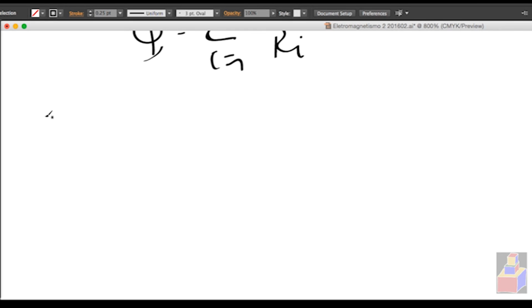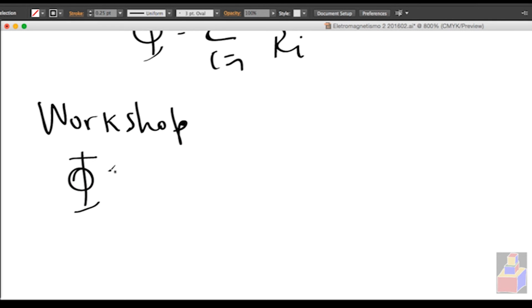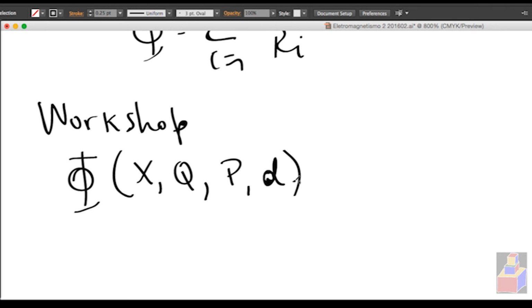In this workshop, we are going to build a function of 4 arguments: X, capital Q, P, and D. Okay? There's a lot of parameters in these 4 arguments here. I could reduce all these 3 to a single parameter if I wanted to, but let's make it like this so it's easy to understand.